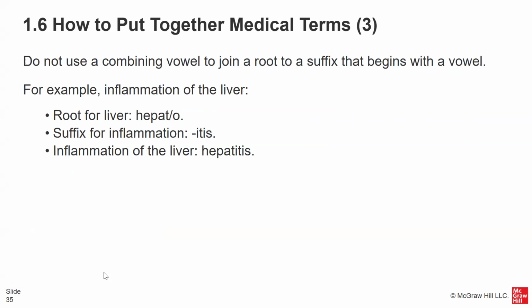So here again, practice in your textbook, practice putting these terms together. Inflammation of the liver: hepatitis. Hepato is the word root slash combining form for liver, and itis means inflammation of. Here we drop the slash o because the suffix begins with a vowel.